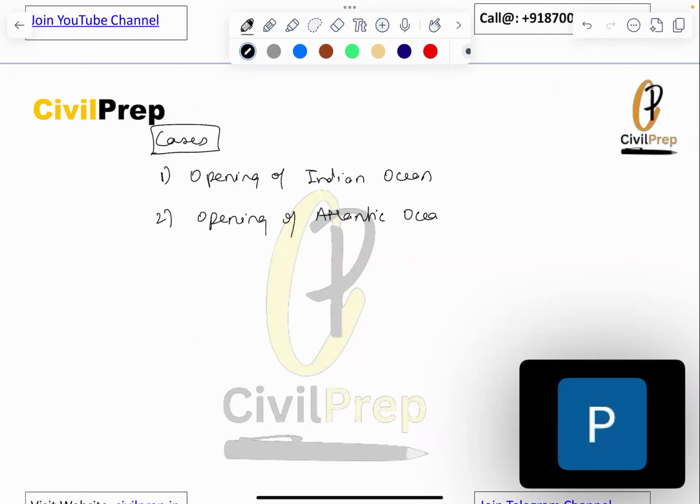Number three, we can also add here the Tethys Sea shrinking, and currently the Mediterranean Sea as its remnant.